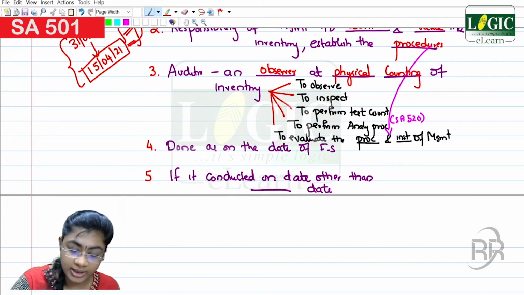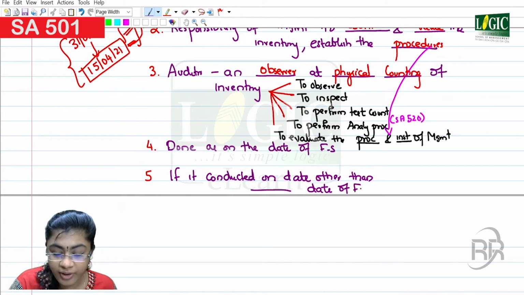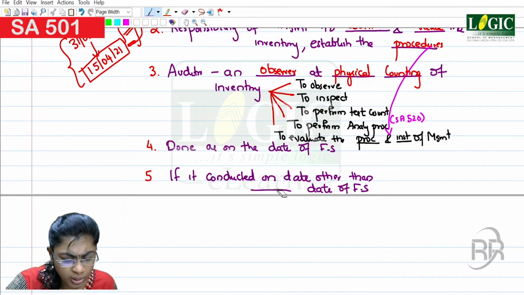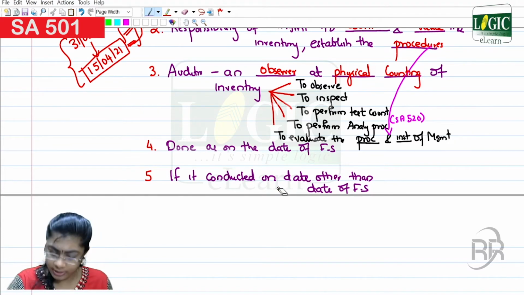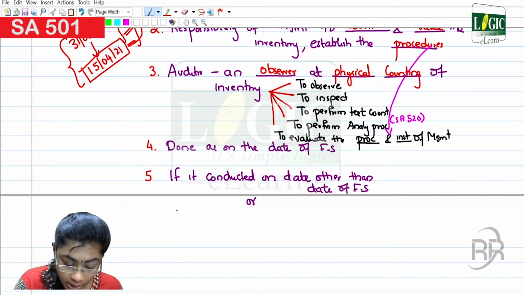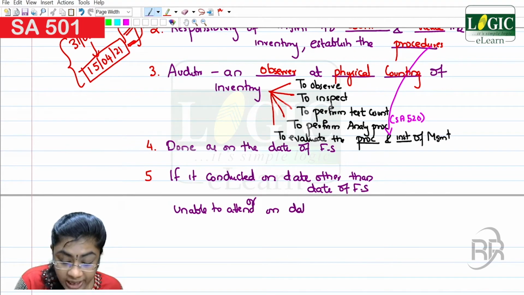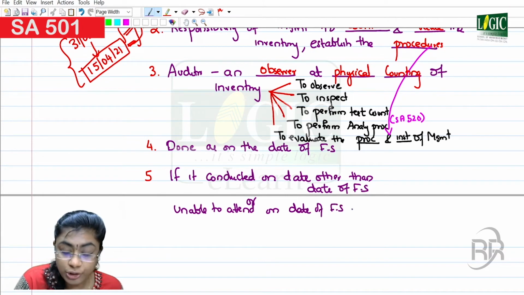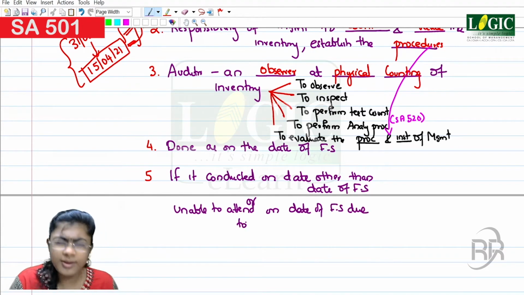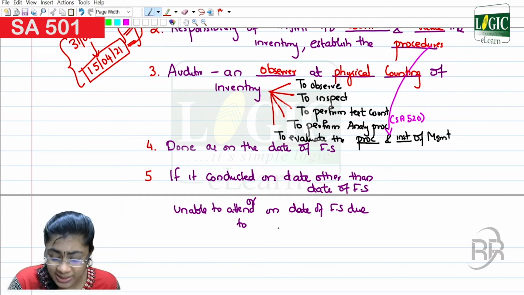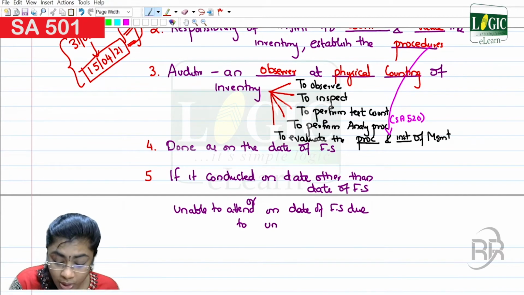Okay. Other than the date of FS, meaning could not do it as on the date of FS, or unable to attend on the date of FS due to, I used a term, some circumstances, unforeseen circumstances.